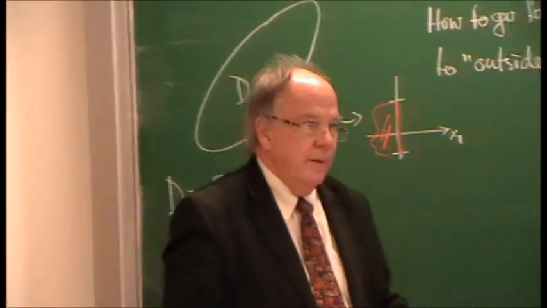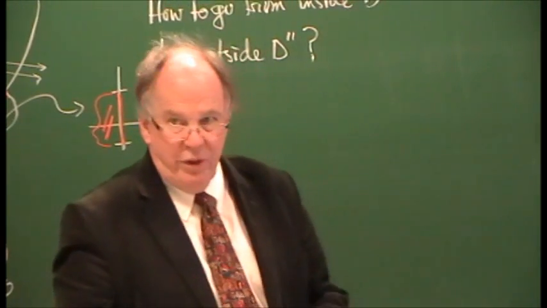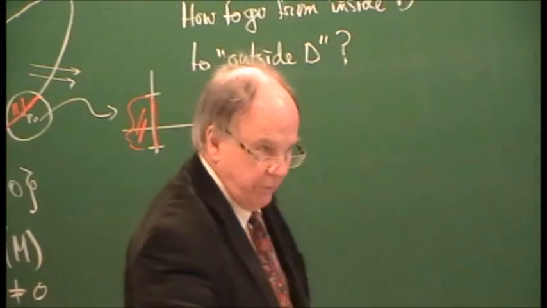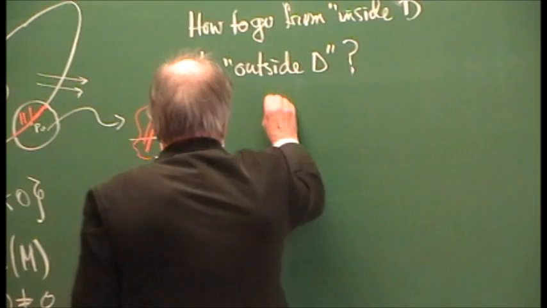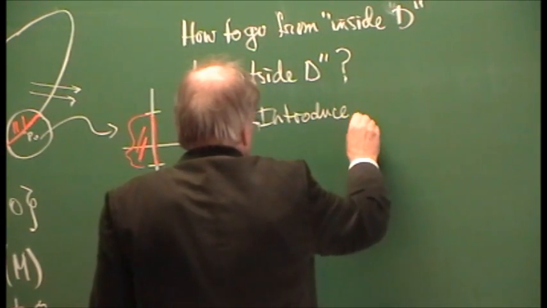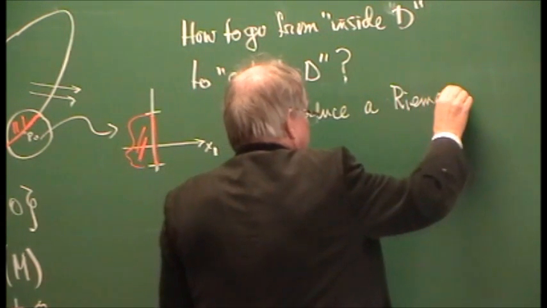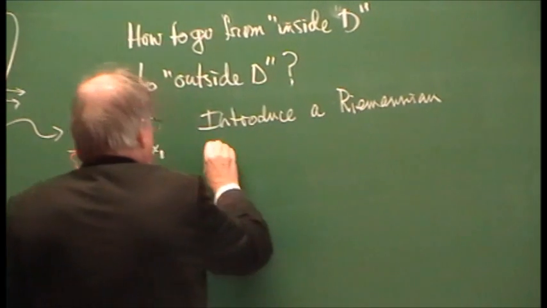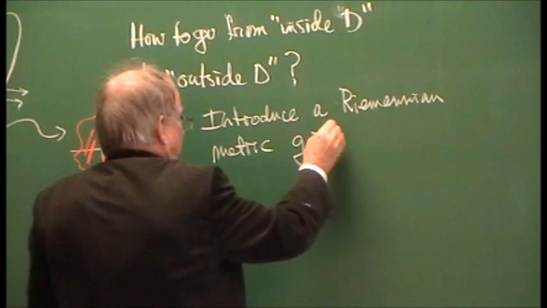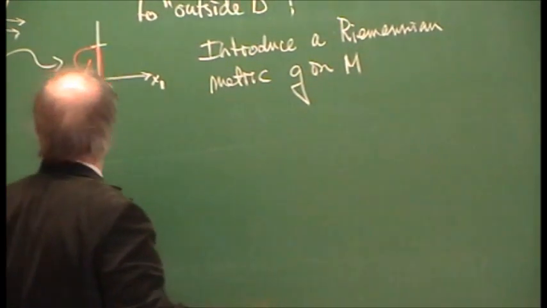Well, we've talked about this. You introduce a Riemannian metric, and if you have a metric, you can transport df of a function to the gradient. So introduce a Riemannian metric g on M; it doesn't matter what the metric is, you have plenty of them.